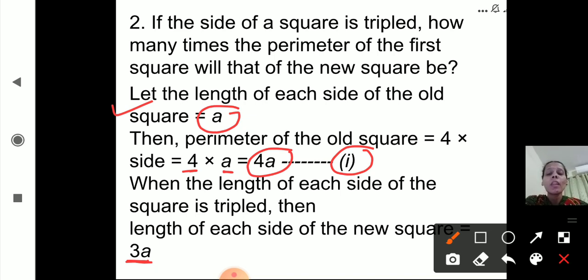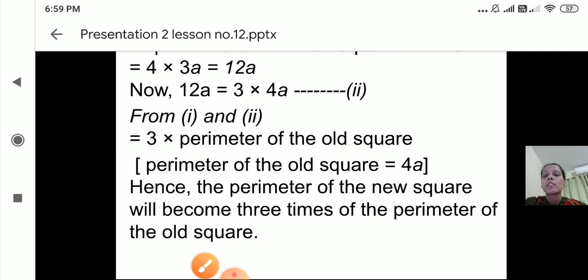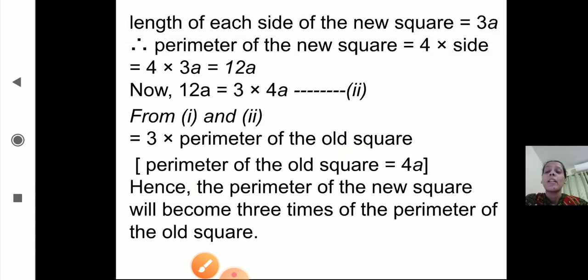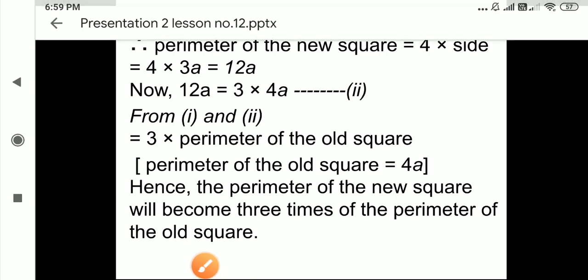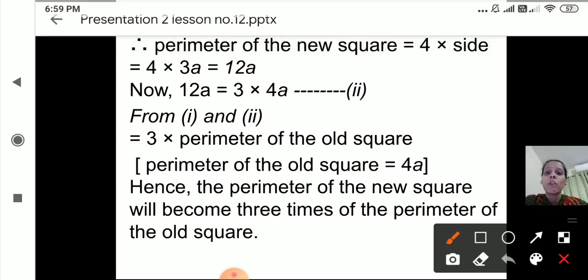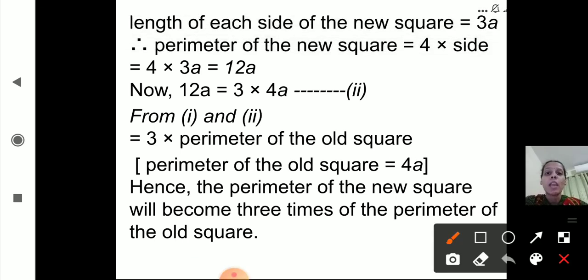Now this is the side of the new square. Now we will find the perimeter of the new square. Length of each side of the new square is equal to 3A. The formula is the same, 4 multiplied by side.